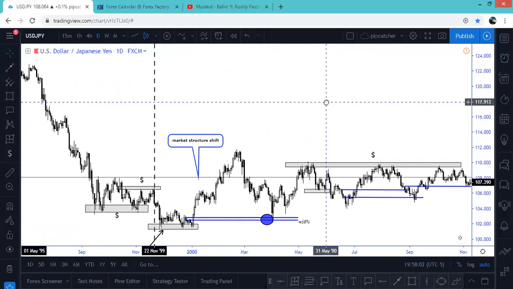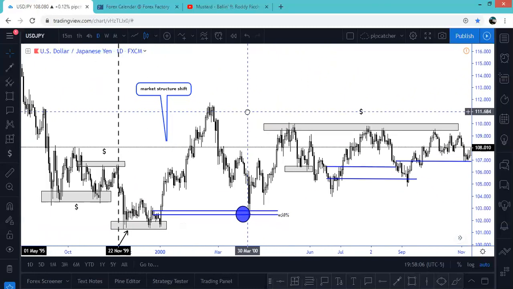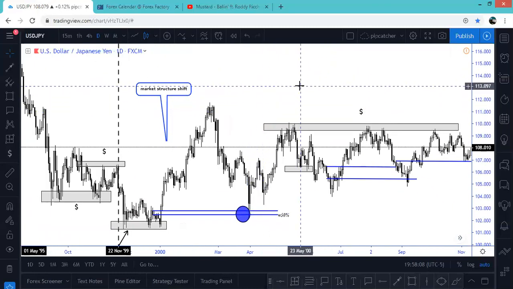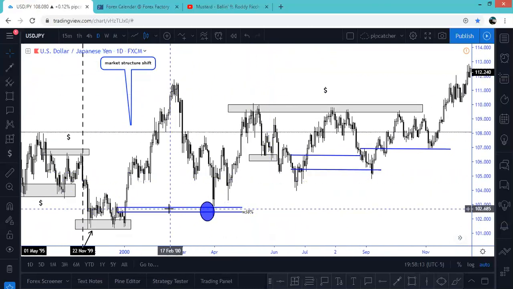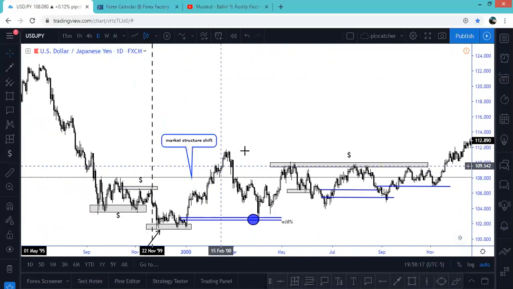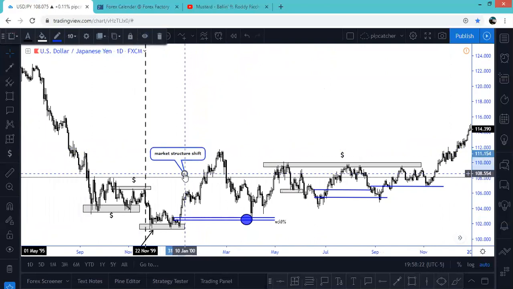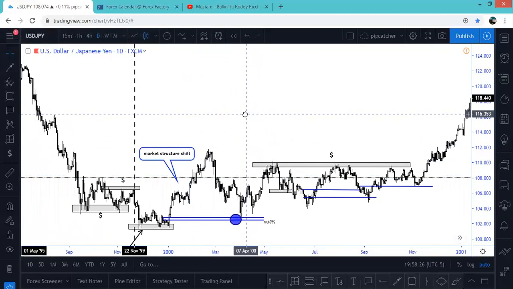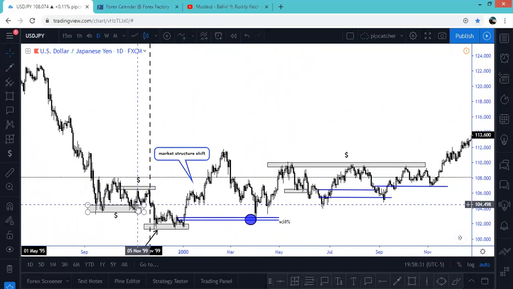So I think we got about 5 more minutes or so, and we can break down this daily area right here, and we will continue the lessons on the next recording. But just to recap, right here we had equal lows, right?